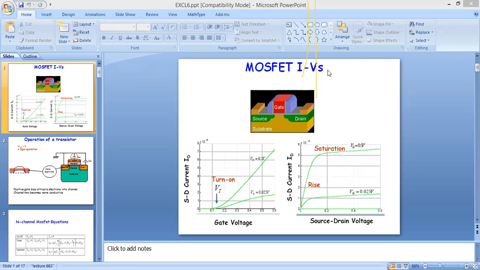What do depletion and enhancement mean? If the channel is permanently present, we call this region the depletion region. And if the channel is not permanently present, we have to induce the channel by applying the input gate to source voltage. Then we call this FET an enhancement type.